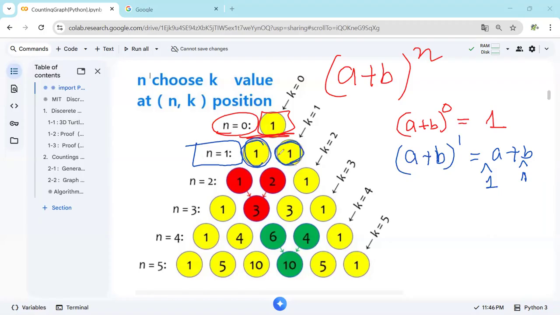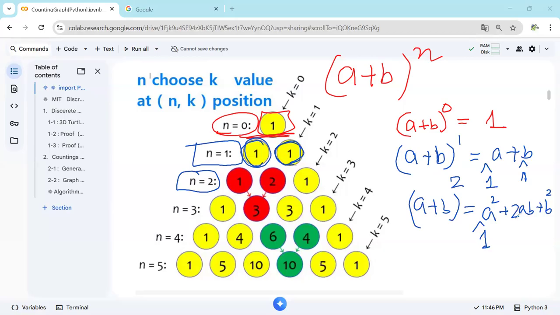Now how about n equals 2? (a plus b) squared is a squared plus 2ab plus b squared. And then just consider the coefficients. The first one is 1, the second one is 2, the third one is 1. So that is 1, 2, 1, like this.